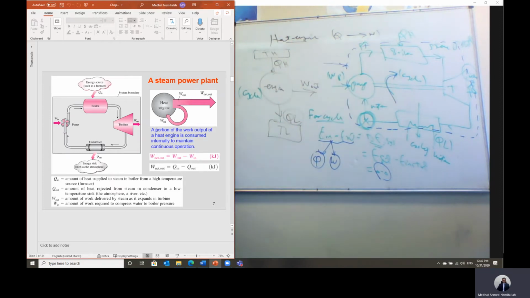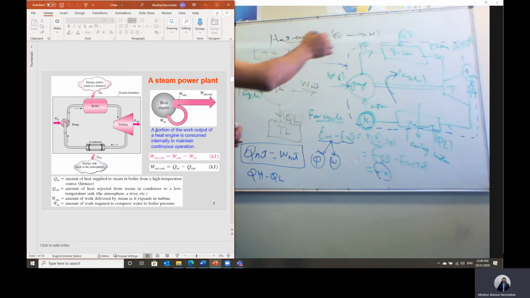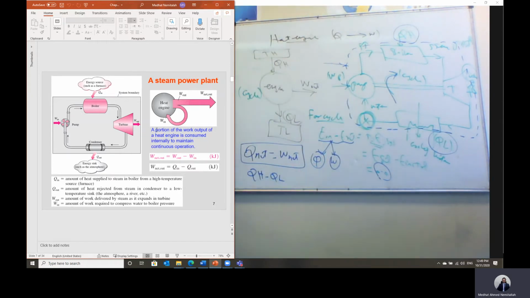And based on this, we set this relationship. Energy in minus energy out will equal 0 for a system on a cycle, and the energy in or out is by heat transfer and work. That means for any system working on a cycle, Q net, the net heat to the system, should equal the net work out of this system. And Q net is equal to Q high minus Q low, Q added in the boiler minus heat rejected in the condenser.